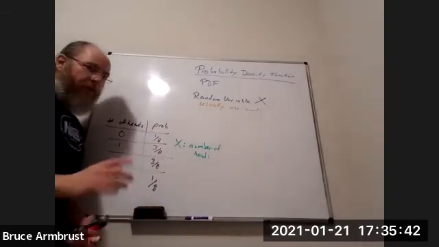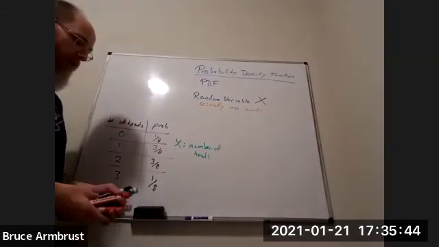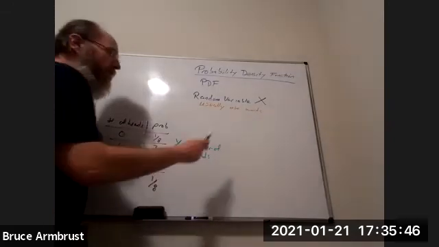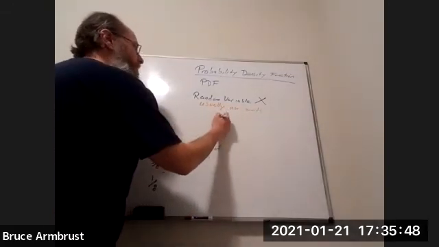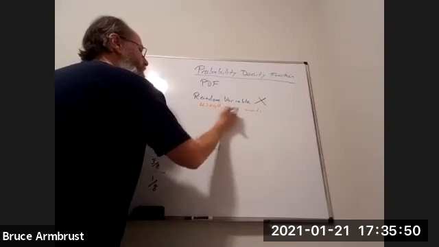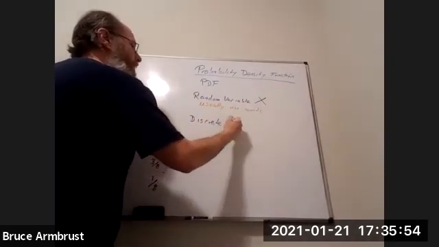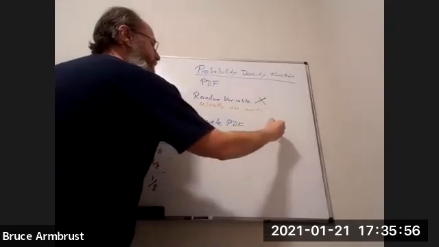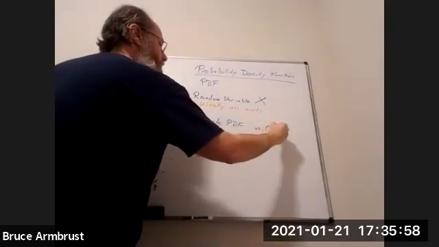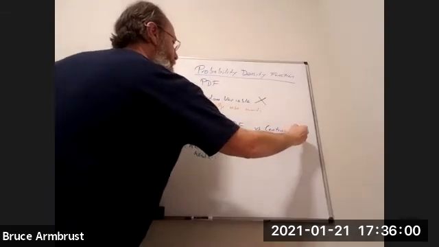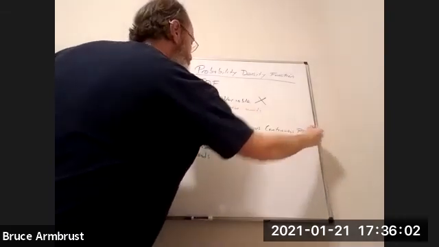And so we're going to break this into 2 different types. There are continuous and discrete. All right, so we're going to have discrete PDFs, and we're going to have continuous PDFs.